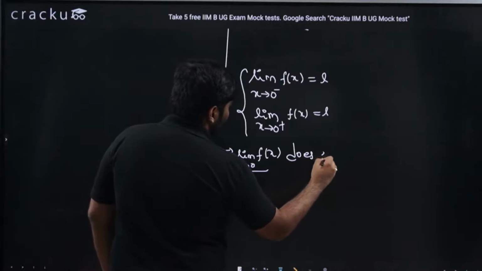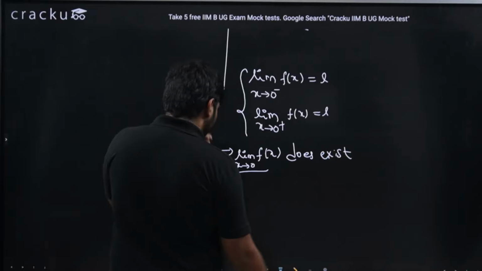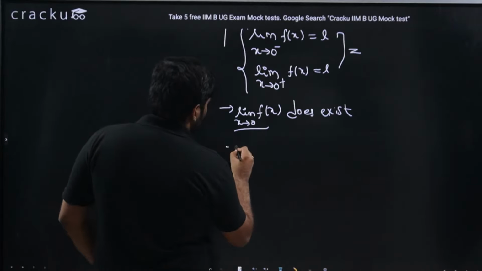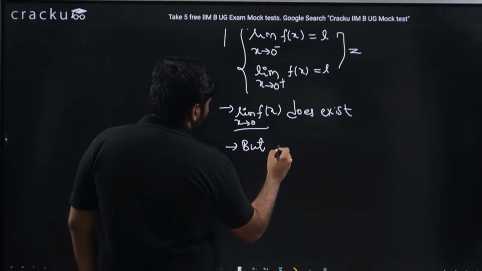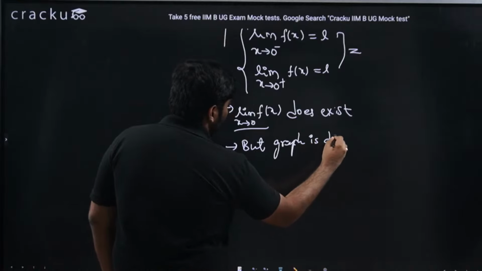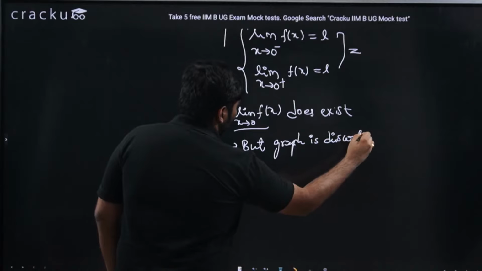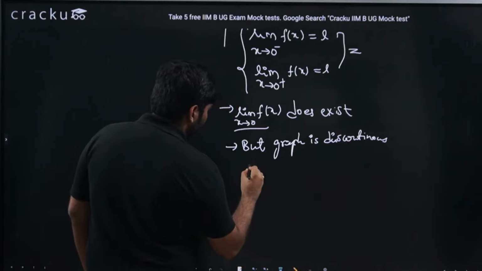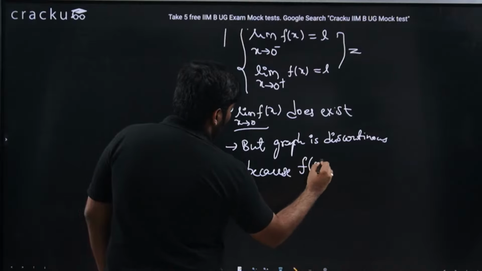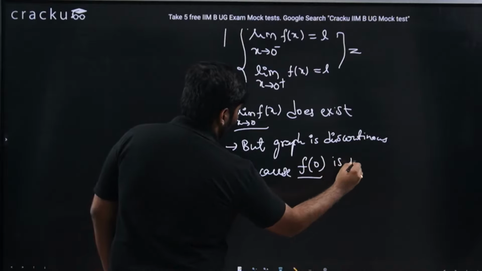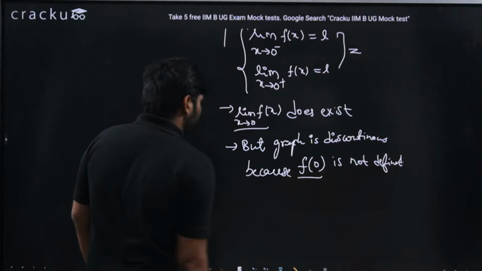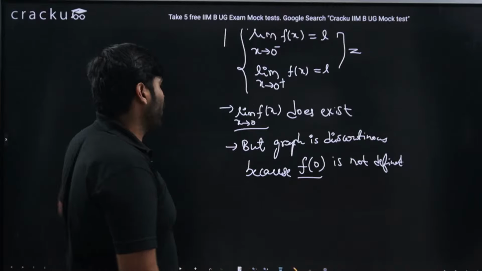Both are equal, and that is the reason the limit exists. But the graph is discontinuous, because f of 0 is not defined. That is, there is no 0 in the domain of f of x.